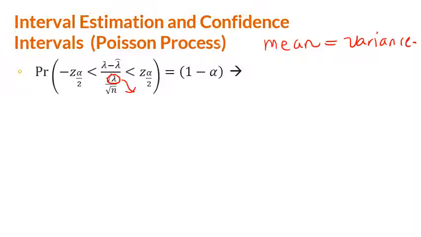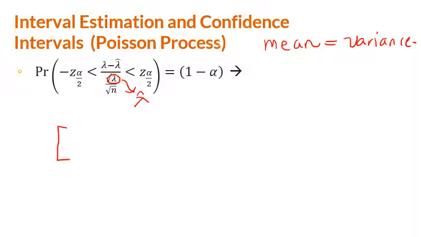So in this case, yung sample mean natin is replaced by lambda bar. So yung confidence interval natin is given by this boundary.